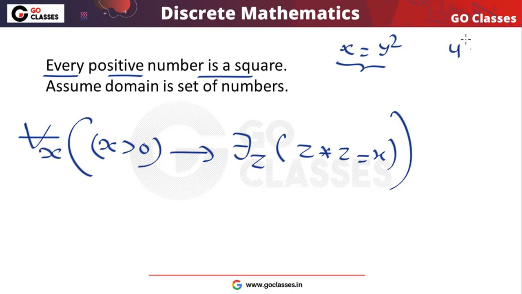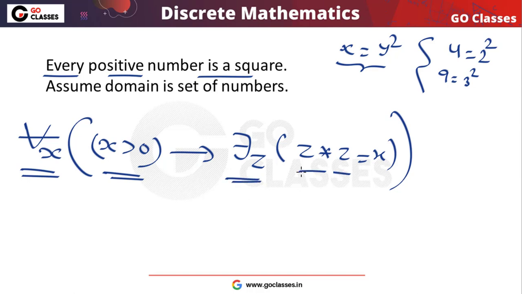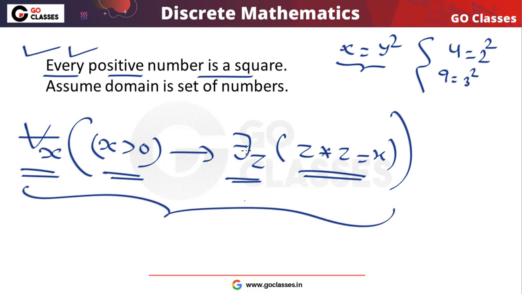For example, 4 is 2 square, and 9 is 3 square. So for all x, if it is positive, then there exists a z such that x is equal to z square. This is how this mathematical statement can be written in first order logic.